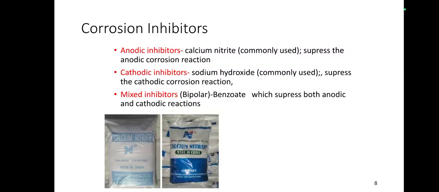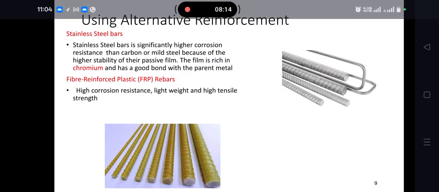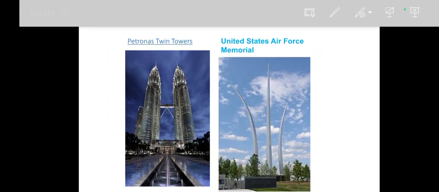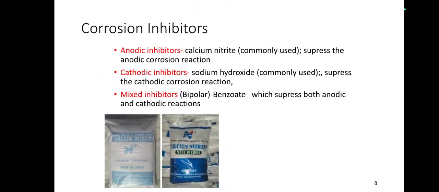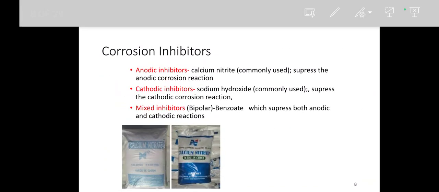Based on that, we can either stop the anodic formation, which is called an anodic inhibitor, using calcium nitrate, or we can go for cathodic inhibitors. Cathodic inhibitors stop the formation of the cathode, mainly sodium hydroxide. Or mixed, meaning bipolar, where both cathode and anode won't be formed.